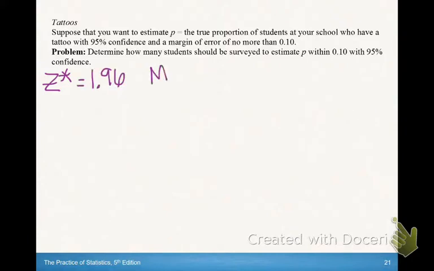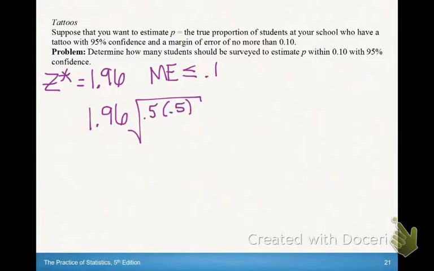Our margin of error we want to be less than or equal to 0.1. So we take our critical value. We don't know P hat, so our P hat we're going to guess is 0.5. So the square root of 0.5 times 0.5 divided by n has to be less than or equal to 0.1.